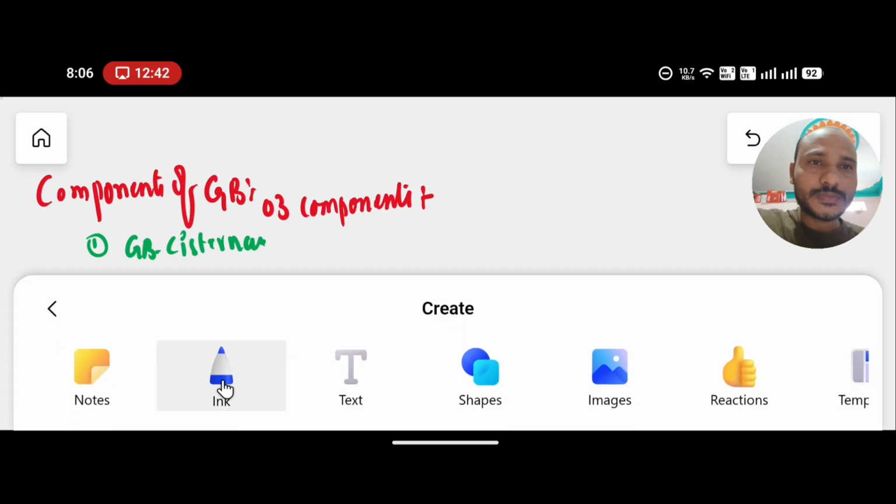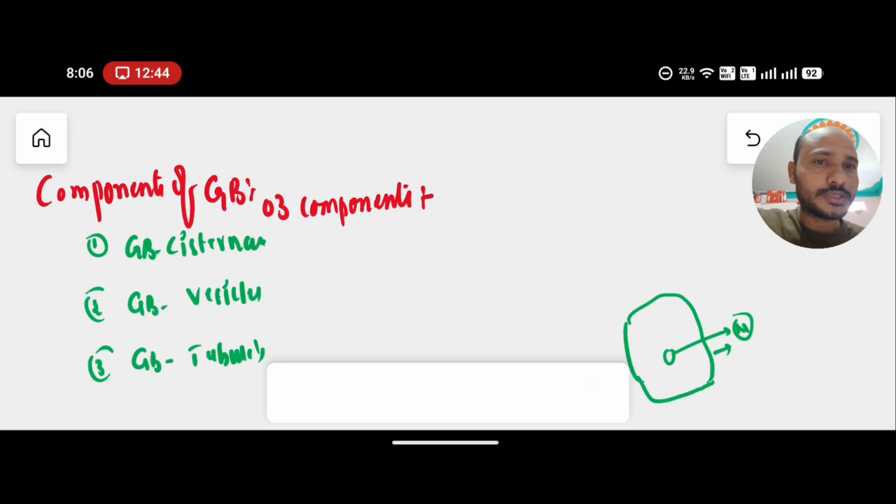So here is how these components are arranged, like this, towards the nucleus. This is the structure of Golgi bodies. Along with this structure there are some tube-like structures, tubules, and some vesicle-like structures like this.